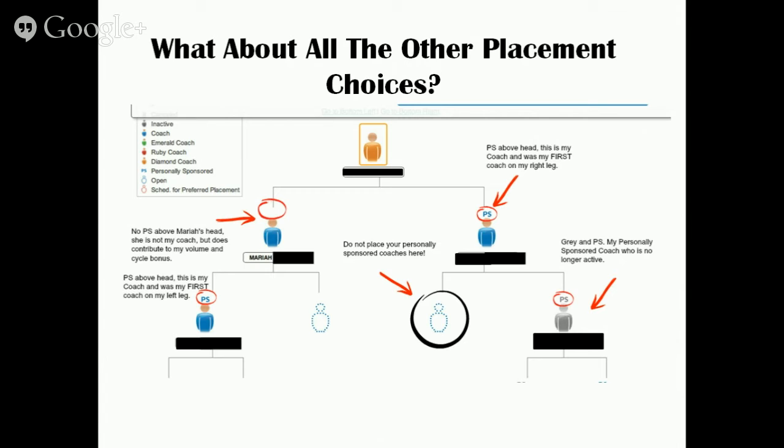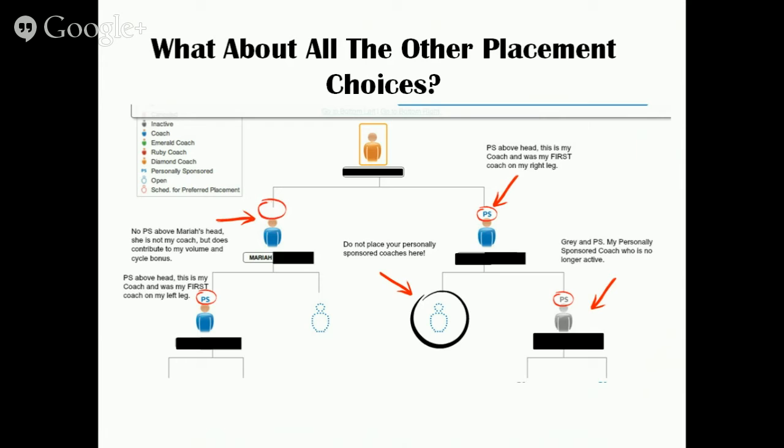And I'm sorry you didn't. I have said it a million times, but this is why I'm doing this video, because I really want to make sure that you know that you want to put your spouse in this spot or this spot. So say your first coach is here, you want your spouse here. Say your first coach is here, you want your spouse here.